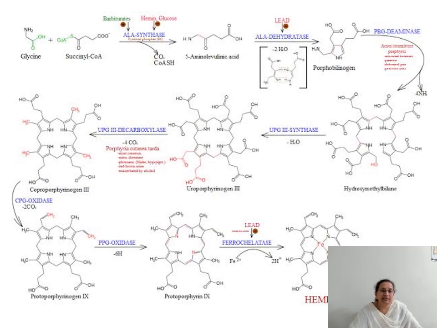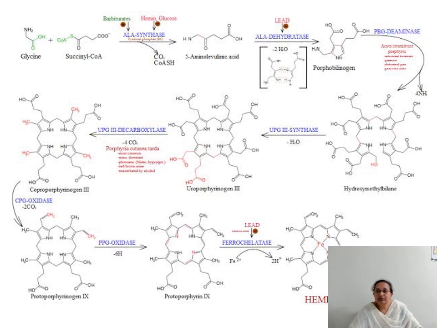To summarize, glycine condensing with succinyl-CoA in the presence of the enzyme ALA synthase, liberating carbon dioxide and coenzyme A, forms the first product, that is ALA, delta amino levulinic acid. This step takes place in mitochondria. From mitochondria, ALA comes into the cytoplasm, wherein 2 molecules of ALA condense in the presence of ALA dehydratase enzyme to give rise to the first monopyrrole, that is porphobilinogen.